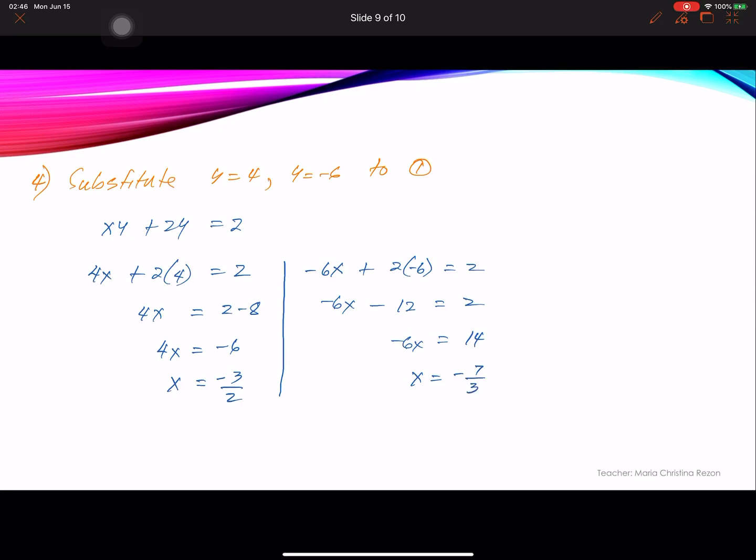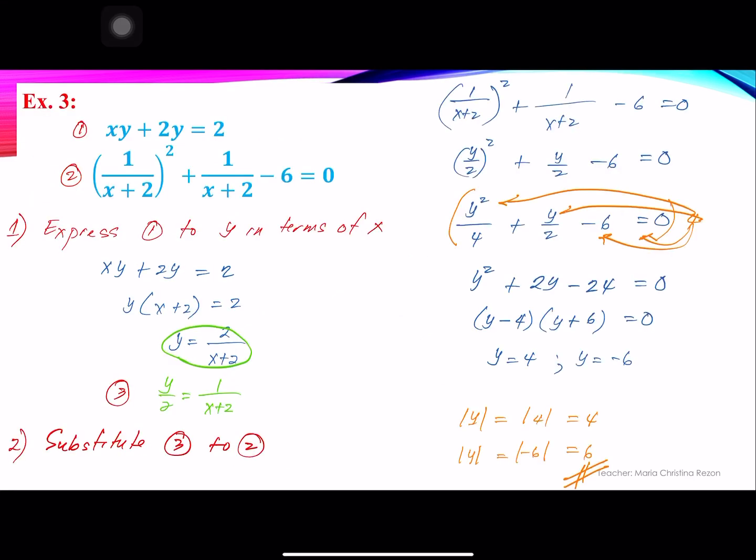So that the solution set of our system is (x, y) is equal to (negative 3 over 2, 4), or you can have (negative 7 over 3, negative 6). So this is the answer to our system.